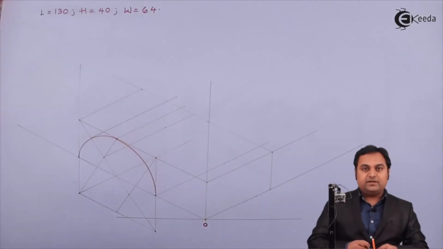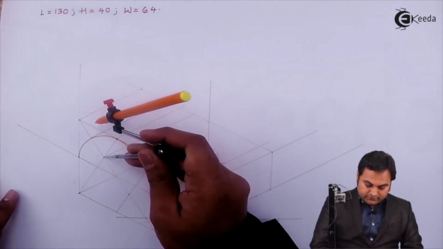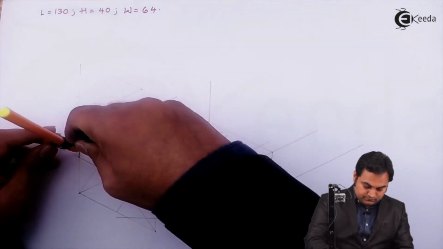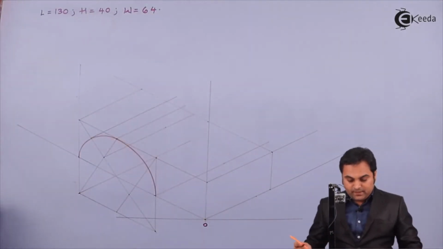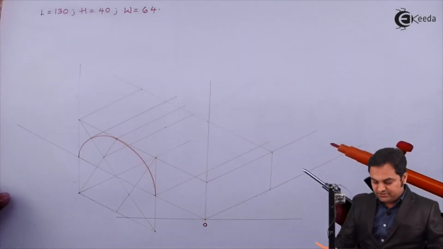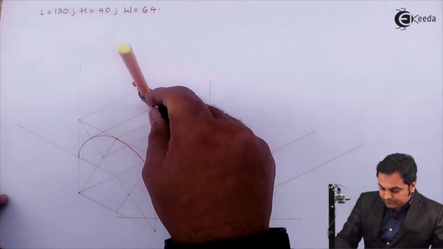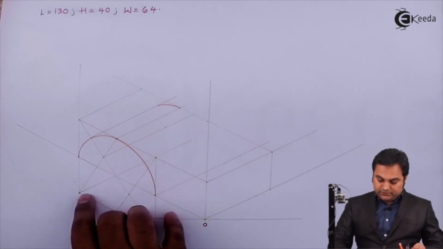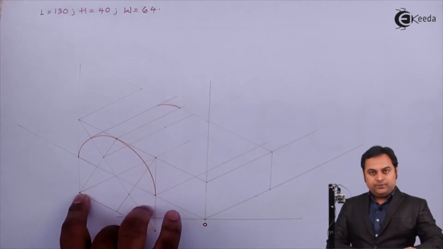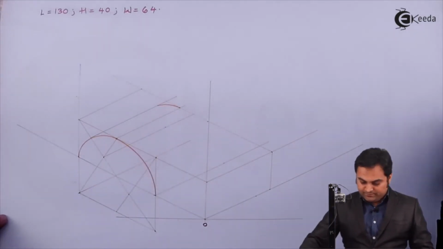Next, measuring the same radius, that is from the center where I had drawn this arc, taking the same radius, but the center is shifted 64 mm back, drawing an arc. Next, this center which I had used at the bottom, this will also go 64 mm back.